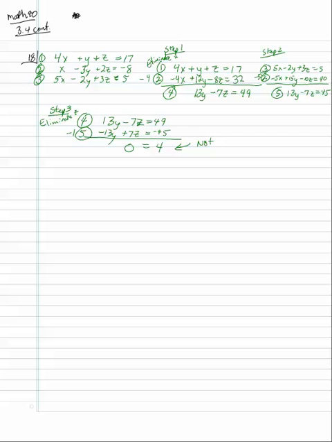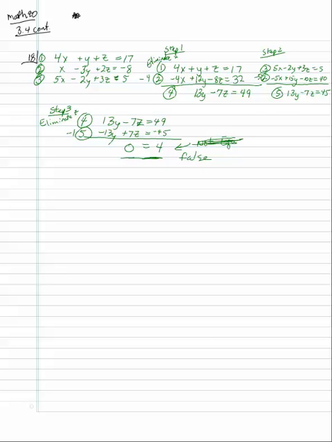So just like with two variables, if you get an equation where the variables fall out and the statement is false, so we just have numbers, no variables, 0 equals 4, that's false. That's always false.